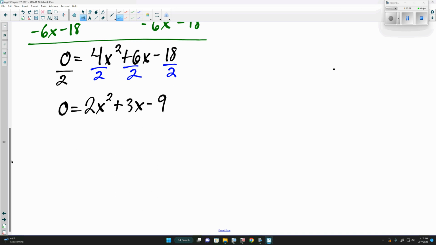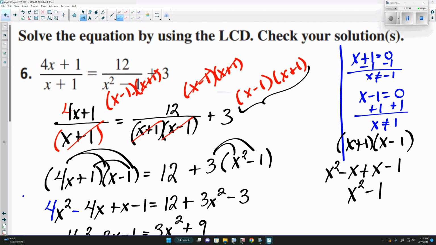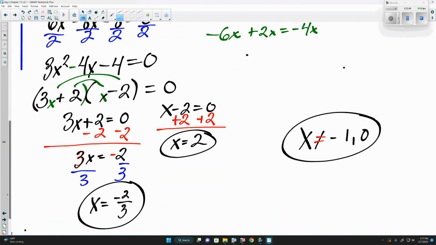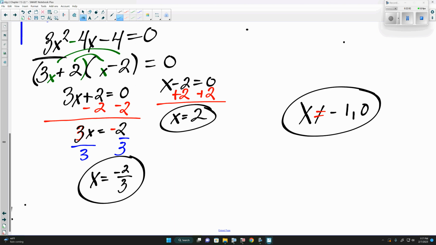Would graphing be a good method to solve this here? Because what's the value of a? Number in front of x squared? 2. So most likely we're going to get a fraction. Because if we factor it, or going through factoring steps, back up here, because the first one here, we had an a different than 1, which means here we ended up having to divide it back out, yes?